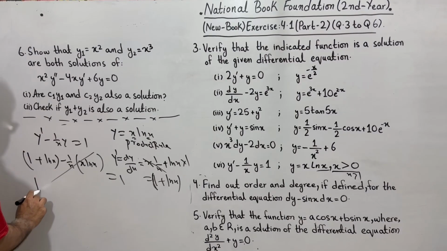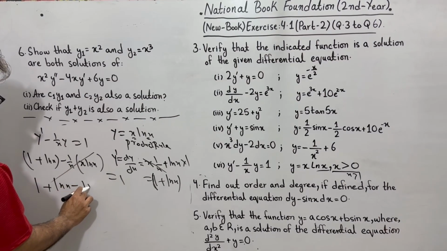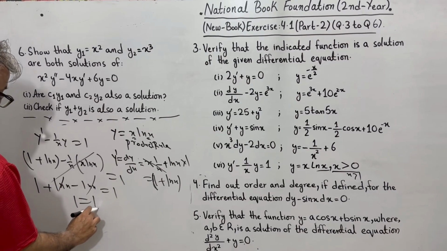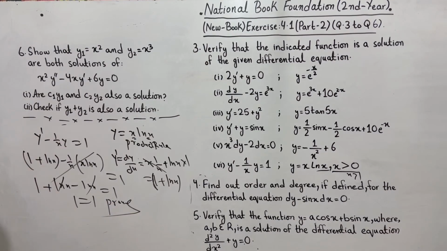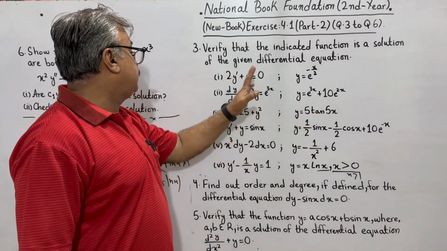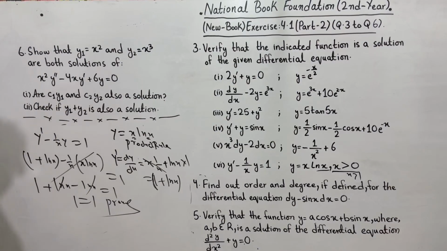What remains? 1 plus ln x, and here negative ln x only remains, is equal to 1. Cancelled out. 1 is equal to 1 as the situation demands. We have met this equation. The question demands this as well, and we have proved yes, the given functions are the solutions of these differential equations individually, as we have verified.